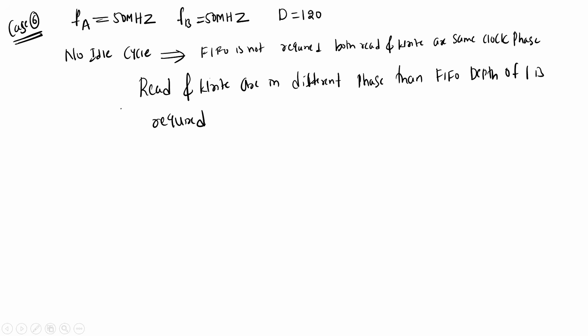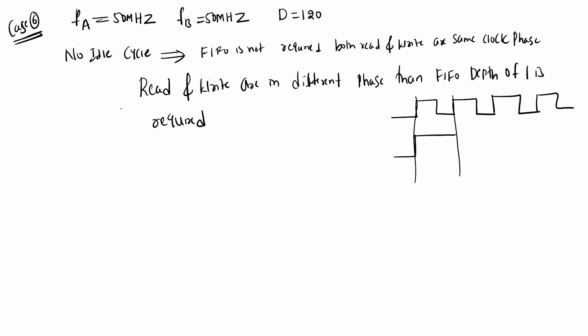Sir, what is the meaning of being in different phase? See here, this is the writing frequency, the writing cycle. Same phase means the writing frequency and reading frequency are operating at the same phase.